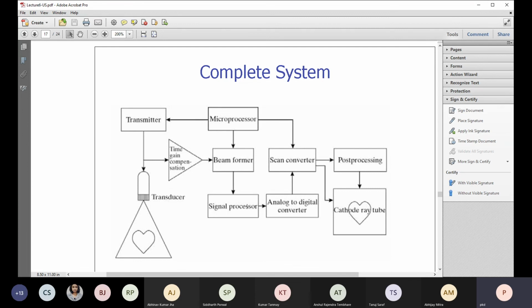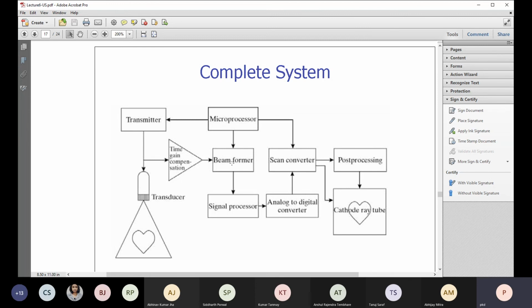This is one block diagram which has been shown here. Time gain compensation. Then the beamformer is basically to program the appropriate time delays.